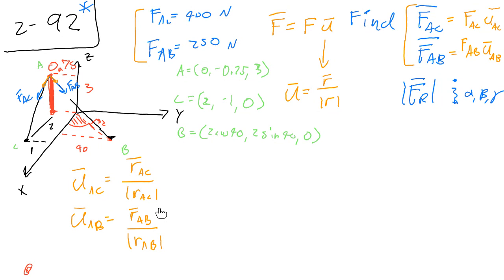All right, so it's going to be the final position minus the initial position. So for RAC, let me just change colors here. RAC, like this.